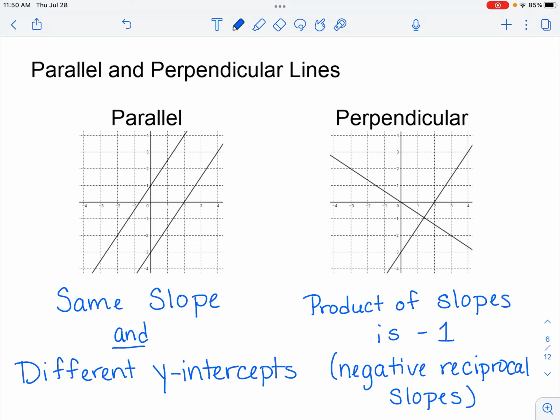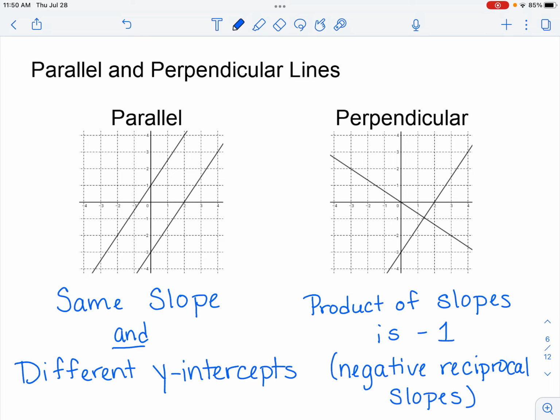Okay, so what that means is, say, for example, if one had a slope of 1/2, the other one has a slope of -2/1. Okay, so reciprocal means flip the fraction upside down, but negative reciprocal means one's positive, one's negative. That way, when you multiply them, you get a negative number.